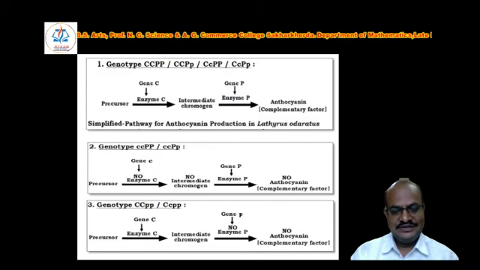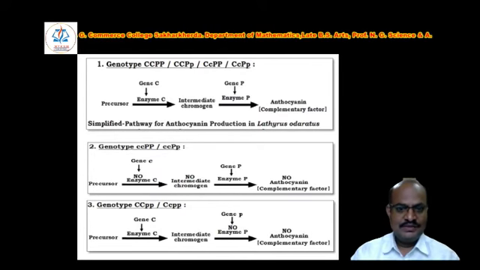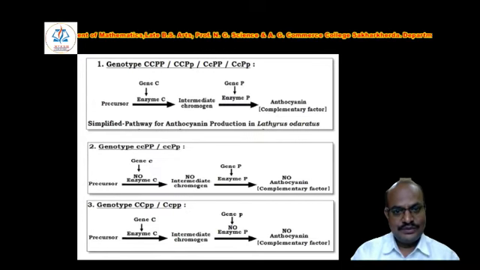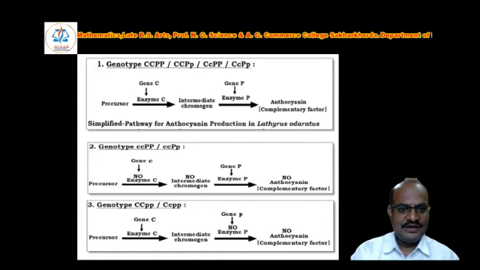In these interactions, the precursor will form the chromogene in the presence of enzyme capital C. Precursor is converted into chromogene. Here, chromogene converted into anthocyanin requires the enzyme which is produced by the capital P. In presence of both, anthocyanin pigment will be produced.